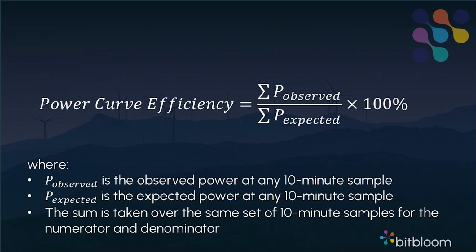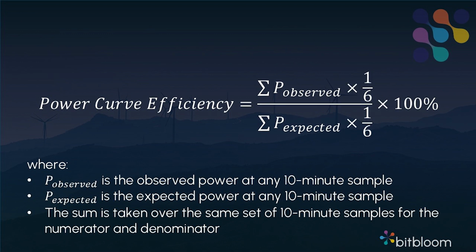Power curve efficiency in partial load can be calculated by dividing the sum of observed power by the sum of expected power. Note that having summed 10-minute power in kilowatts, we can convert our values to production in kilowatt hours by then dividing by 6, as there are 6 10-minute samples in an hour.